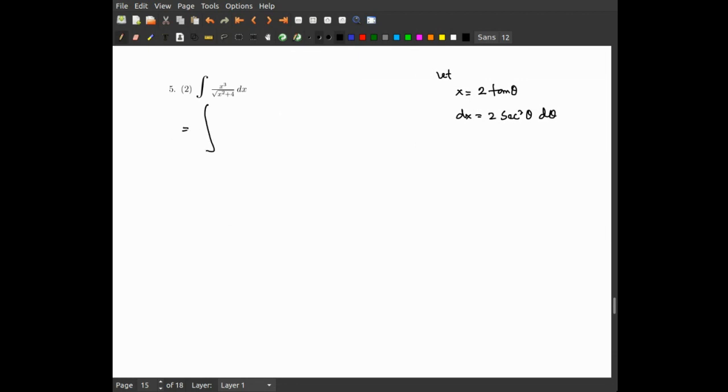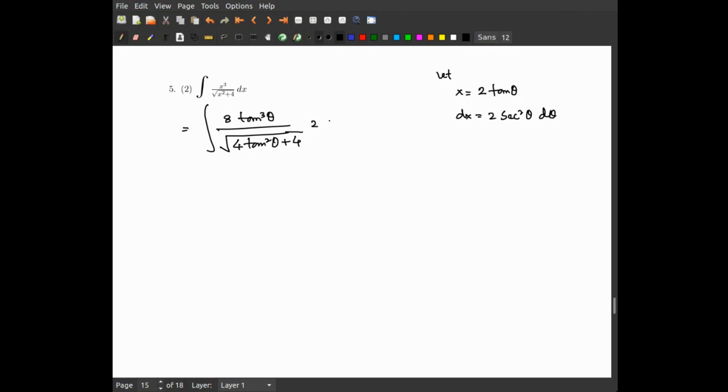Let's plug in those values. x cubed, so 2 tan theta cubed, will be 8 tan cubed theta, and the square root of 4 tan squared theta plus 4.